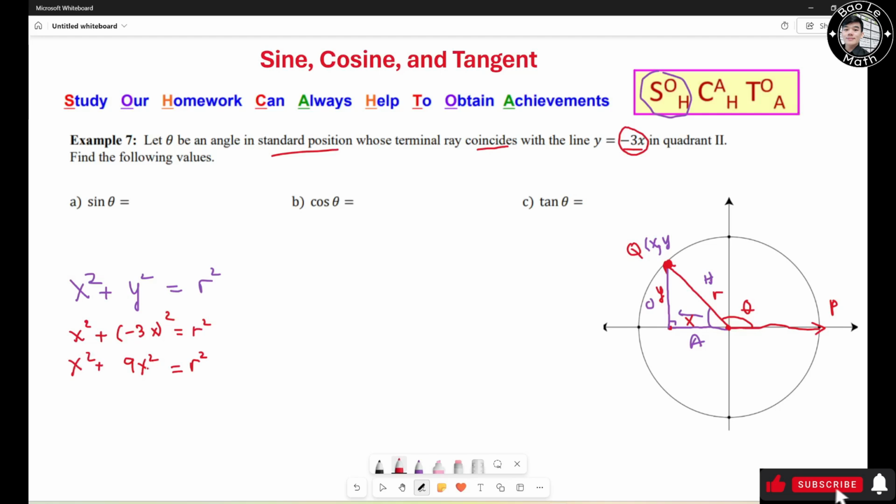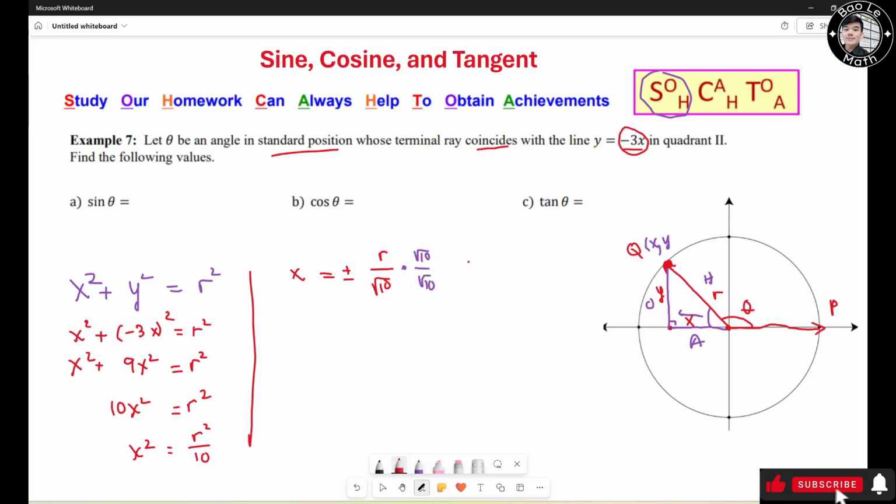Now it turns out to be x squared plus 9x squared equals radius squared. Now x squared plus 9x squared is going to be 10x squared equals radius squared. So x squared equals radius squared divided by 10. And then you're going to take the square root of both sides, so x equals plus and minus r over square root of 10. You can rationalize this one by multiplying the top and bottom by root 10.